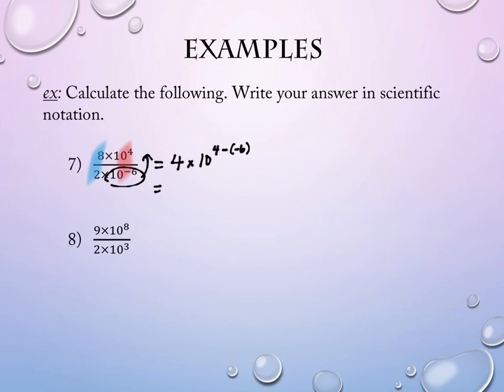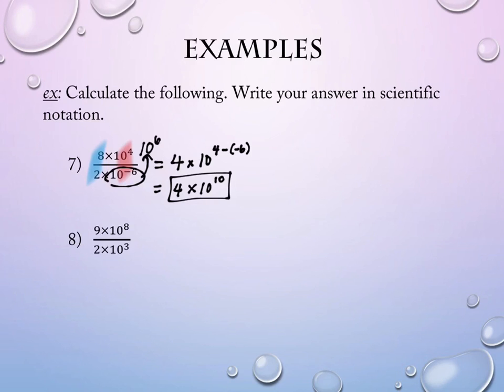Some of you probably did that in your last section where you just shifted things around. And if you moved the 10 to the 6th up, because now it's positive, you would add the exponents together. And 4 plus 6 is also 10. So either of those perspectives is going to give you 10 to the 10th. So we have 4 times 10 to the 10th. Okay, any questions on that?